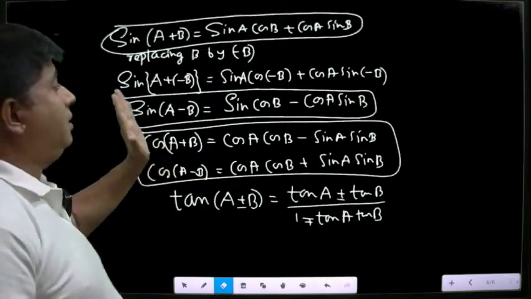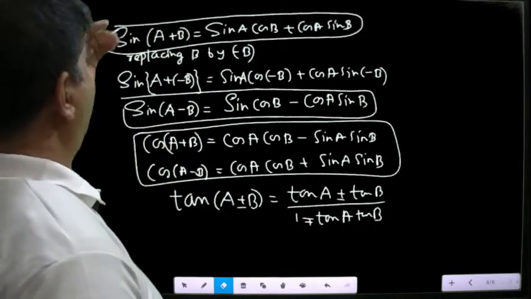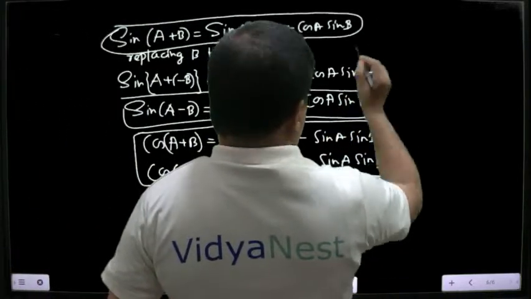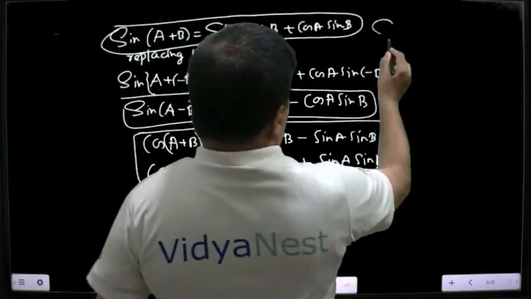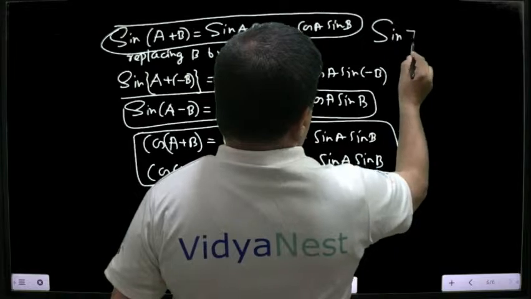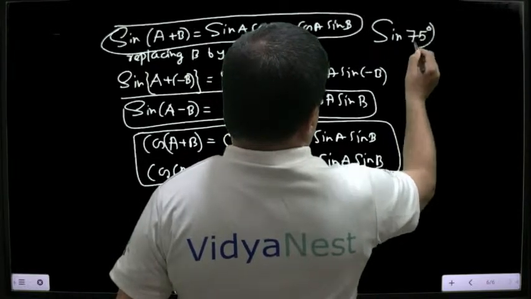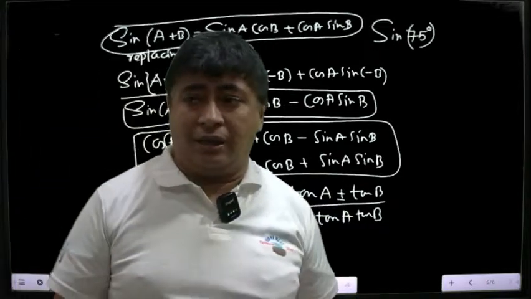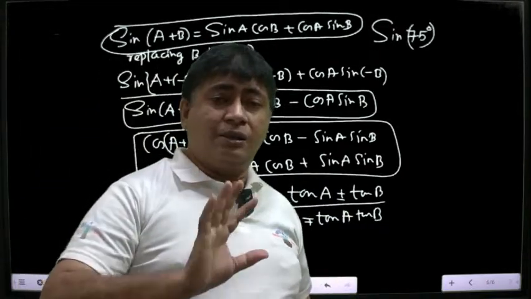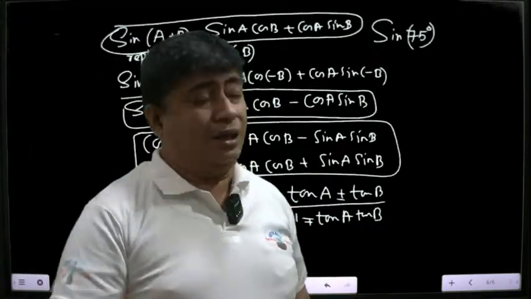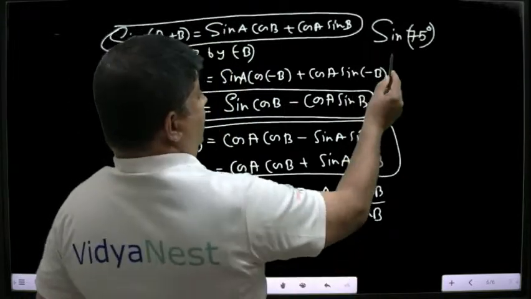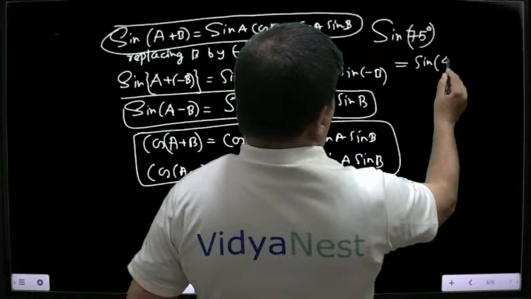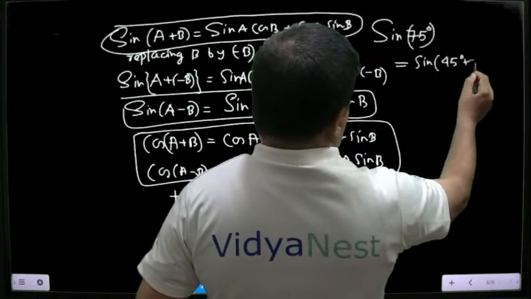Now, how will you be privileged by learning this formula? Suppose you are told to find sine 75 degree. 75 degree is not a standard angle, but I can split this into two standard angles: 45 and 30.